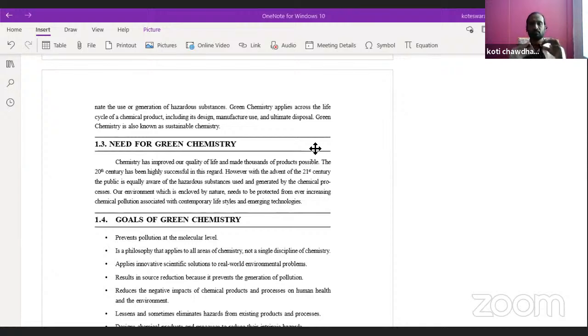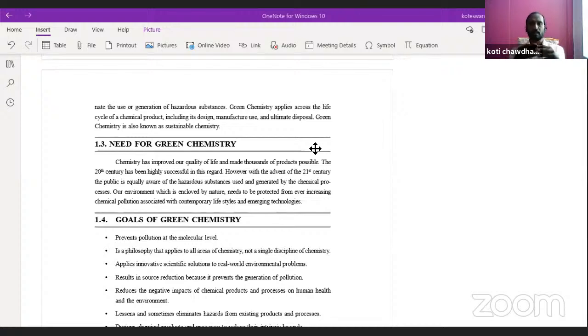Due to that reason, whenever we are going to produce a product, we need to maintain safety procedures and safety uses. Green chemistry explains how to use the products and how to manufacture them in such a way that they should not be harmful to the environment.